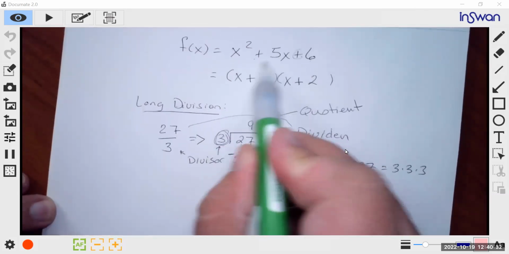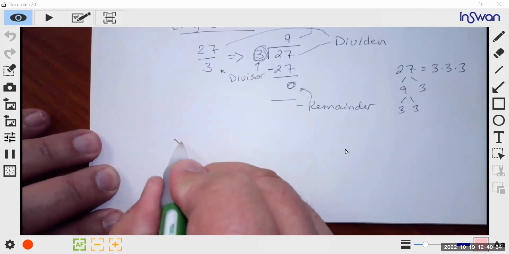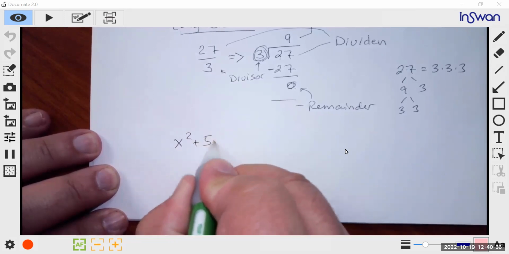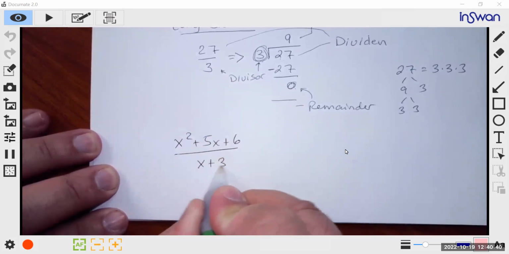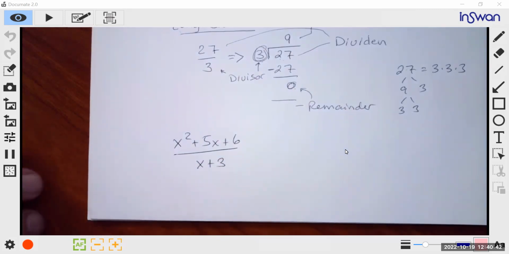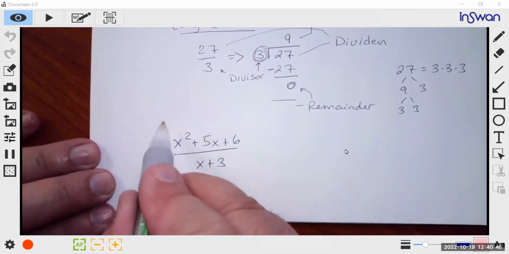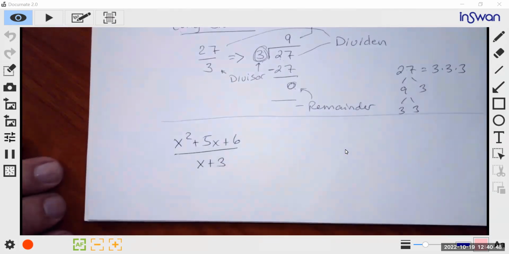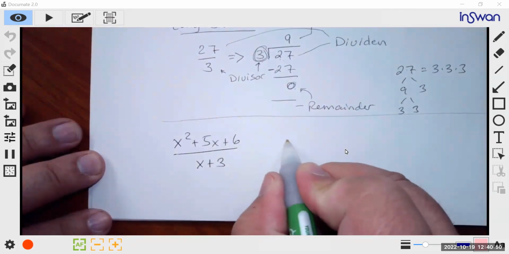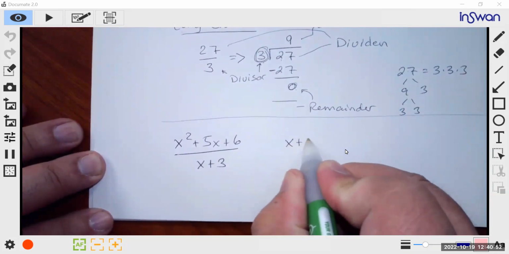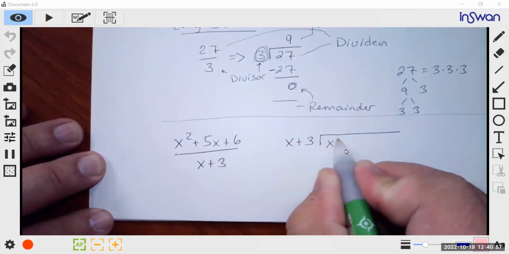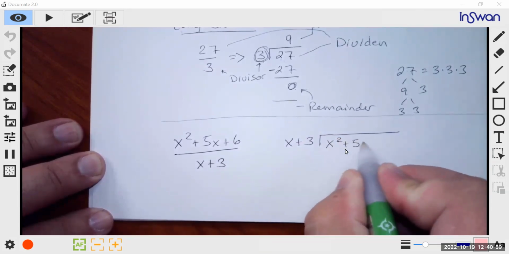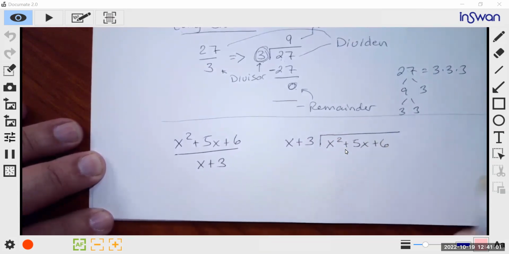We're going to look at the same example here. So we have x squared plus 5x plus 6 divided by x plus 3. So the first thing we have to do, we have to write it in long division form. X squared plus 5x plus 6.